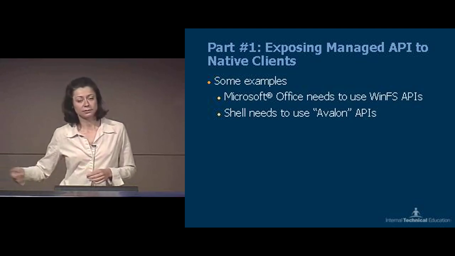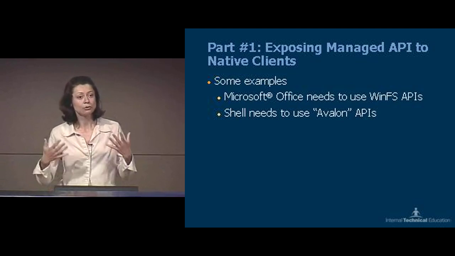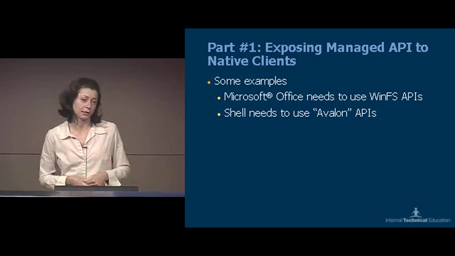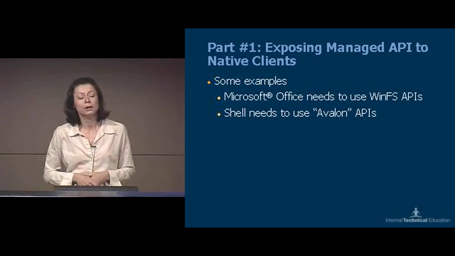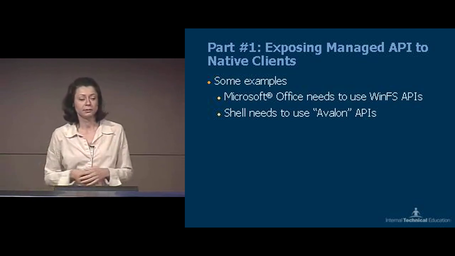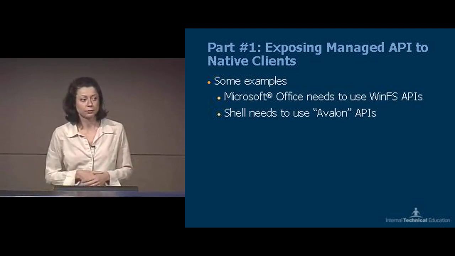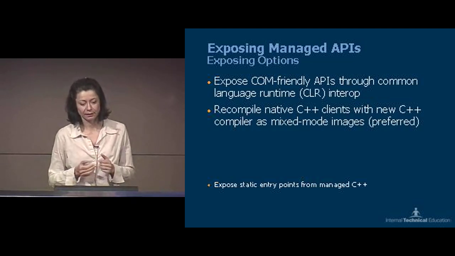The second part of this lesson will be the opposite direction, which is how do you use existing native APIs from your managed library. At the end, we'll have one part which is about both of these directions, like performance, for example. And at the end, you will be able to ask some questions. So let's start.